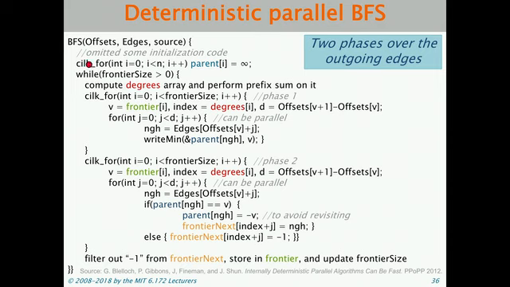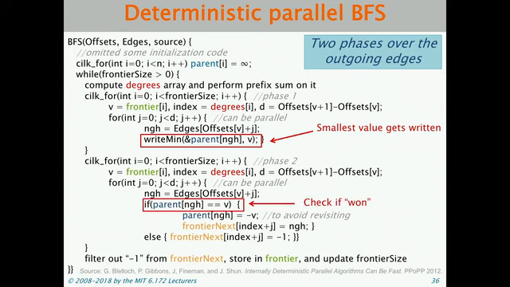In the first phase, the vertices on the frontier are going to write to the parent array, but they're going to be using this write-min operator. The write-min operator is an atomic operation that guarantees that when we have concurrent writes to the same location, the smallest value gets written there. So the value that gets written there is going to be deterministic. It's always going to be the smallest one that tries to write there.